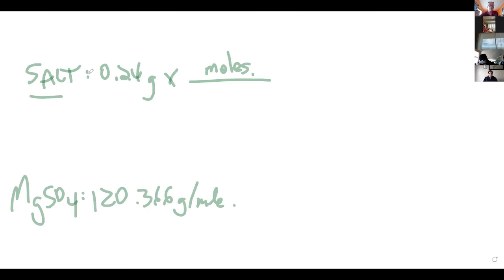So 1 mole of magnesium sulfate is 120.366 grams. So that cancels out my grams. I'm left with moles. And I get 0.0019939.